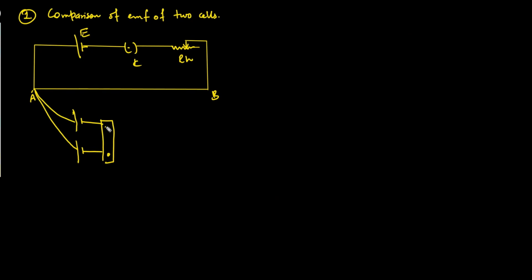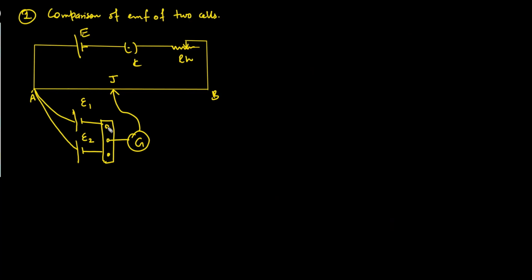This is a two-way key. And the midpoint of this two-way key is connected to the galvanometer. And the other end of the galvanometer is connected to jockey J. Let's say the unknown EMF of the first cell is E1 and of the second cell is E2.